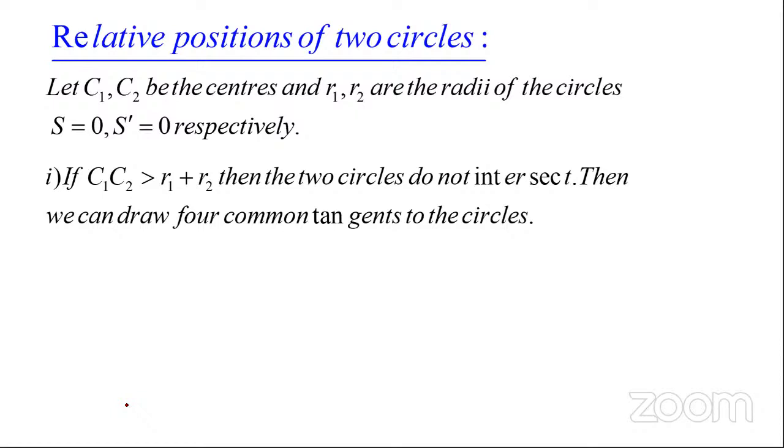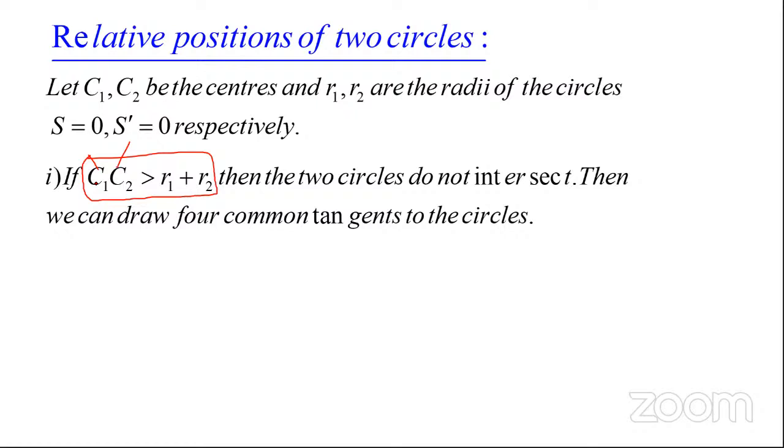if C1C2 is greater than R1 plus R2, then the two circles do not intersect, and we can draw four common tangents. Clearly see this is the condition: C1C2 is greater than R1 plus R2. C1 is the center of circle 1 and C2 is the center of circle 2.